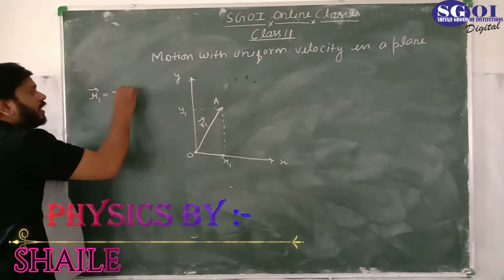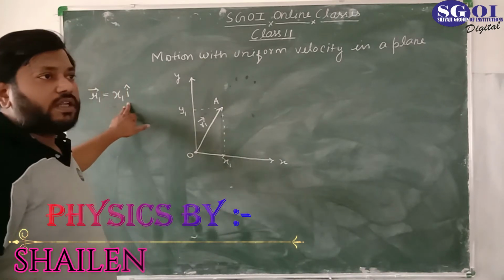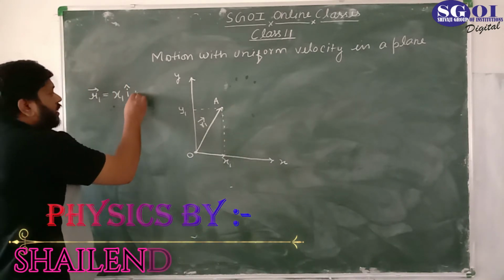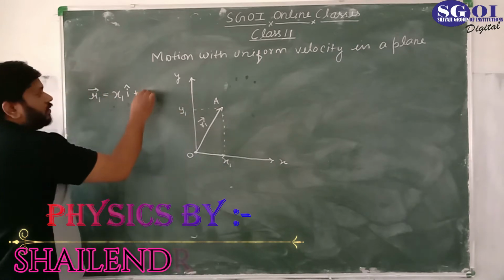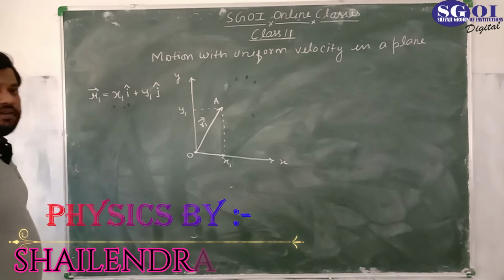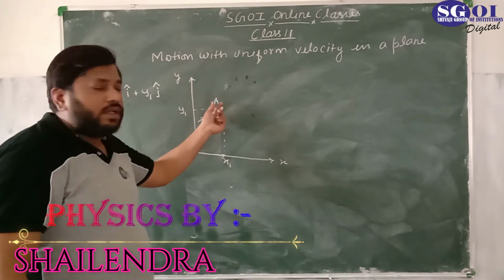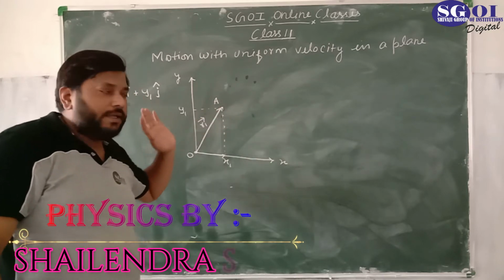So direction we multiply by the unit vector. So this is x1 i cap plus y1 in the positive y-axis direction, which is j cap. So this is R1, the position vector of a particular object at point A in the plane.